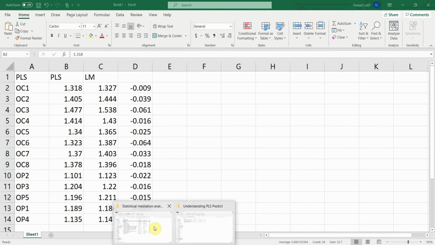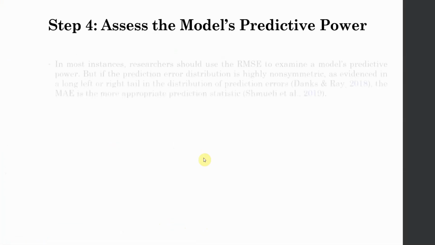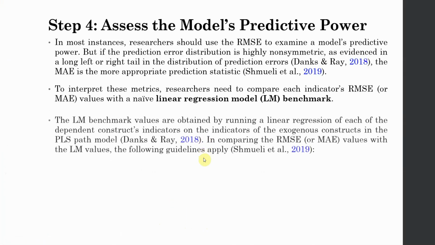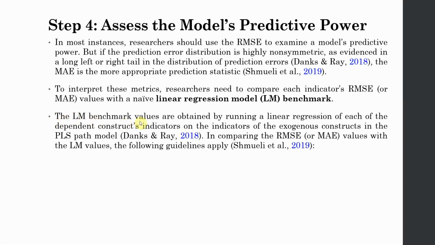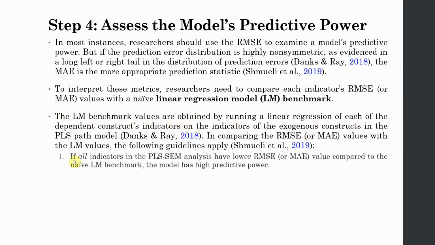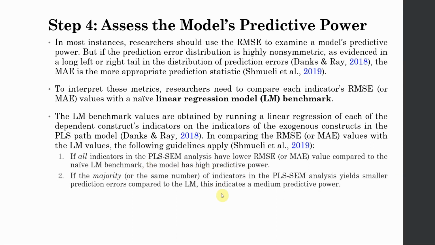Let's go back to a few slides here. Now if you look here for the assessment, the LM benchmark values are obtained by running linear regression, which we have already done. And let's see if all the indicators in the PLS SEM analysis have lower RMSE. Not all of them have got it. So you cannot say your model has got very high predictive power, but it is high.